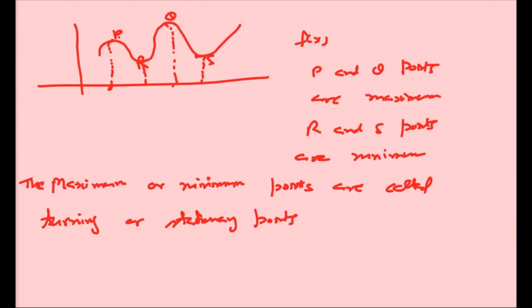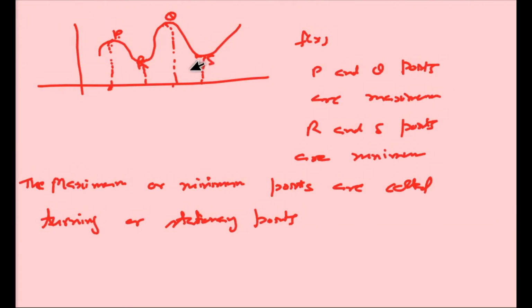According to our discussion, there are several turning points. Maximum and minimum point values occur alternately: maximum point, minimum point, maximum point, minimum point.